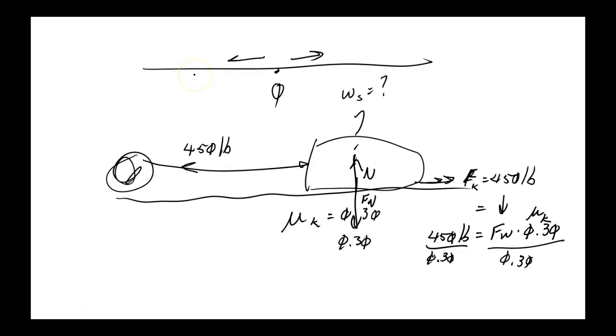Anything to the left is negative. So you just write down what it reads. It's basically just adding signed numbers. A negative is going to be a negative.